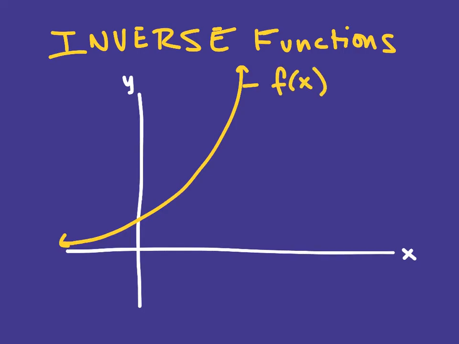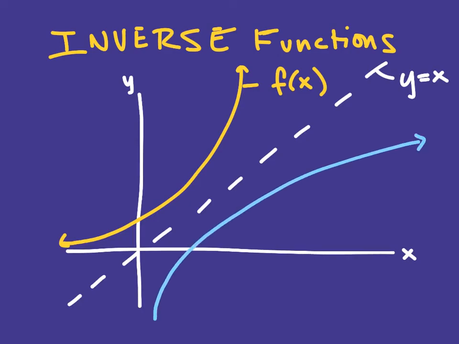When I take the inverse of f of x, I reflect that over the line y equals x. And so I end up getting this function here, and we're going to call this f inverse of x.